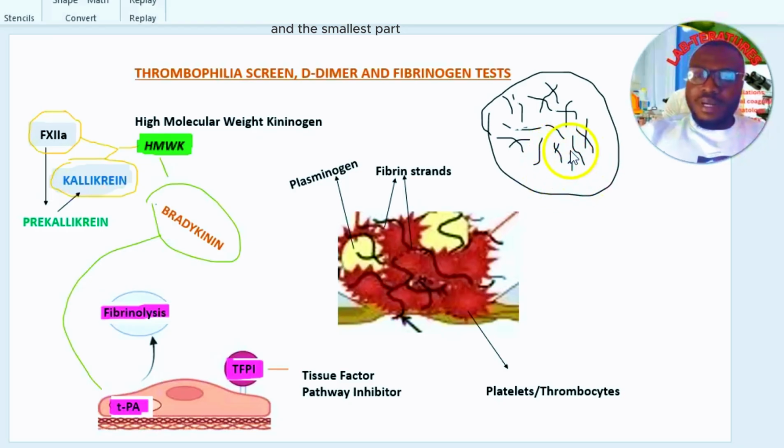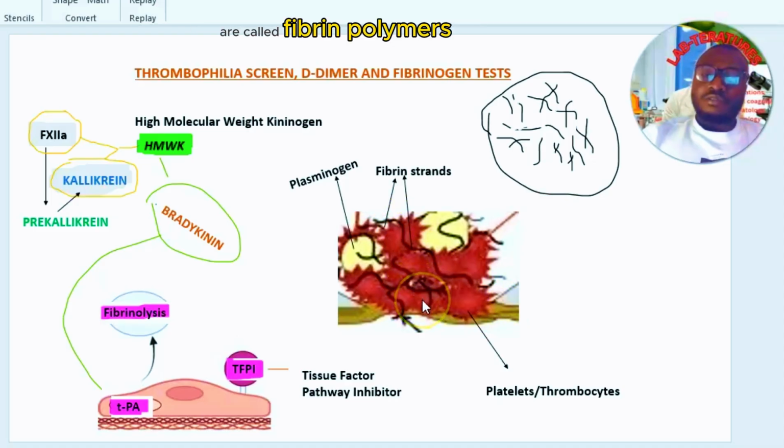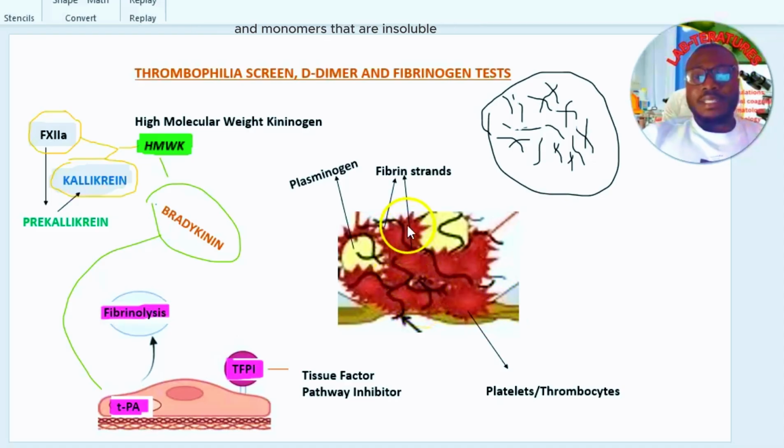And the smallest part of this cross-linked fibrin degradation product is what we call D-dimer. And mind you, the interwinding structures of fibrin present here are called fibrin polymers and monomers that are insoluble. But when the plasmin, which is an enzyme, acts on these strands, it breaks them down into soluble fibrin degradation products that are able to be excreted out of the body.